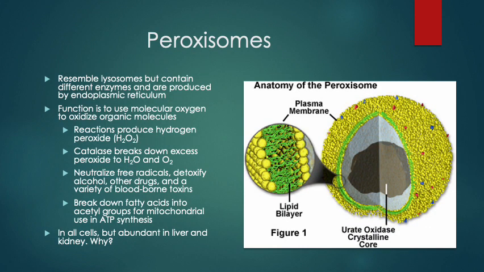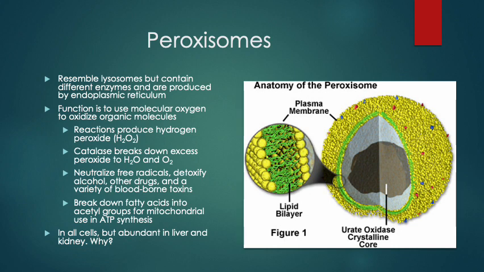So peroxisomes are a lot like lysosomes, except their function is to use oxygen to oxidize organic molecules. So when this happens, it produces hydrogen peroxide, which is why they're called peroxisomes. So they neutralize free radicals, detoxify alcohol, detoxify drugs, and they can get rid of a lot of bloodborne toxins.